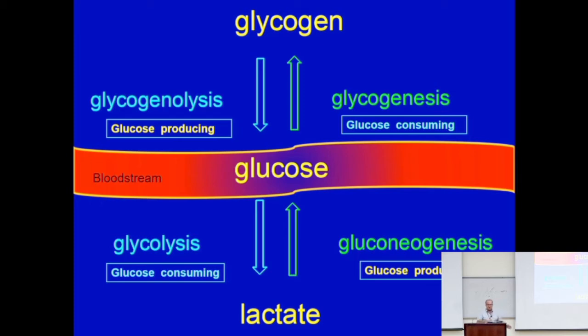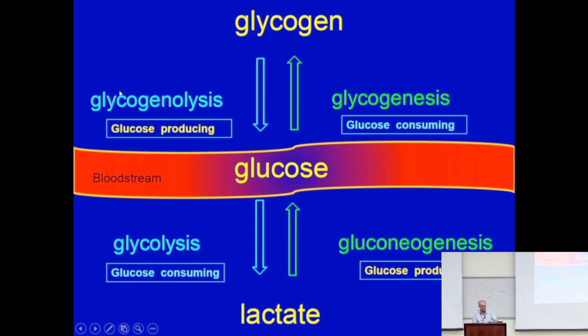So specific tissues switch function in a way and start to produce glucose. How do you produce glucose? By breaking down whatever glycogen was stored in the first place.